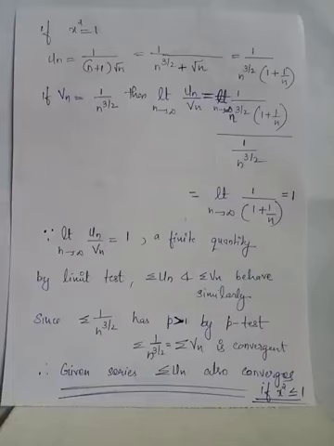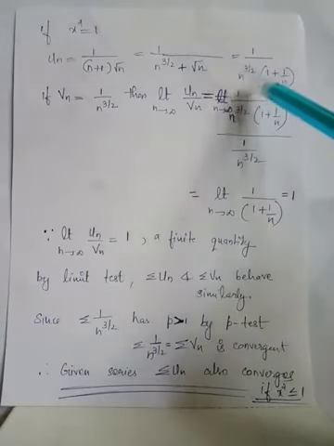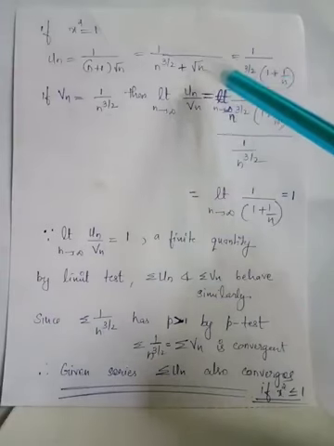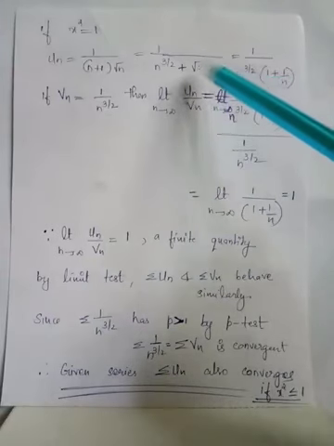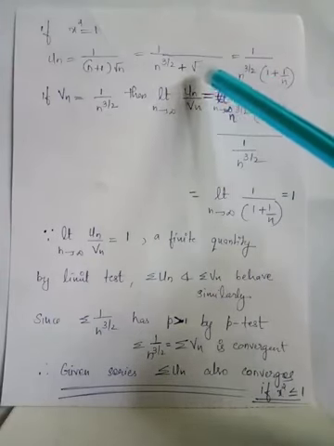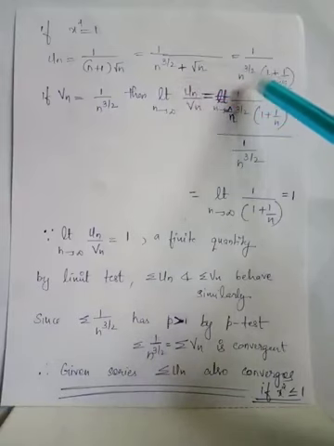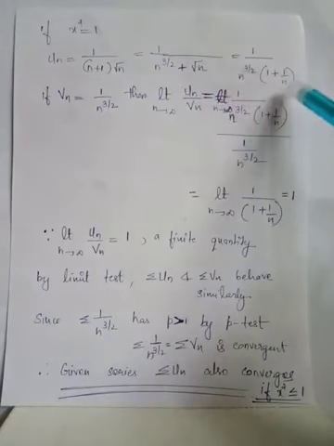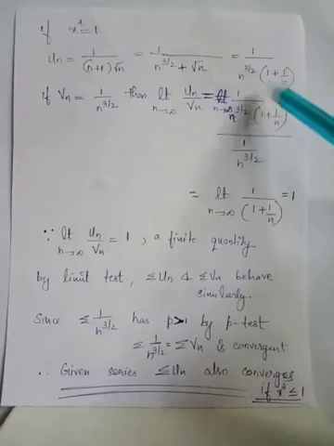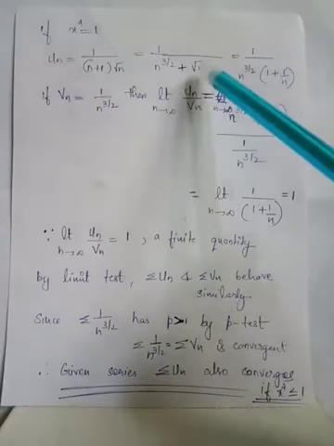So we are looking for a familiar series, which is summation 1 by n raised to 3 by 2. In order to take outside n raised to 3 by 2, we will take n raised to 3 by 2 common outside root n, then it becomes 1 by n, because 1 by n into n raised to 3 by 2 will give you back root n.